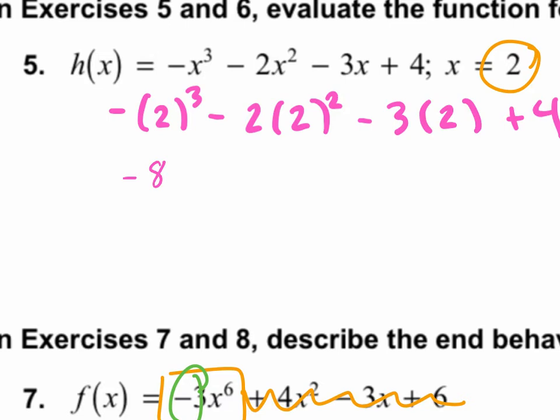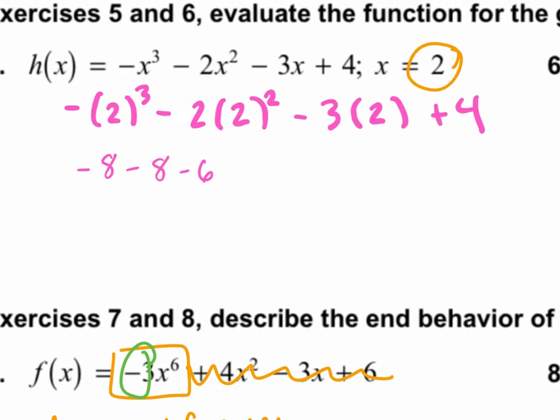Then we have 2 squared, which is 4, times -2, which would be -8. And then 2 times -3 is -6, plus 4. So then we just add or subtract here. So this is -16 minus 6 plus 4, -22 plus 4, and so our answer would be negative 18.